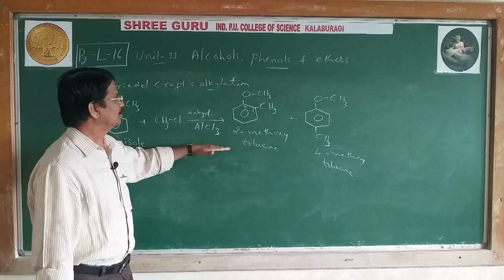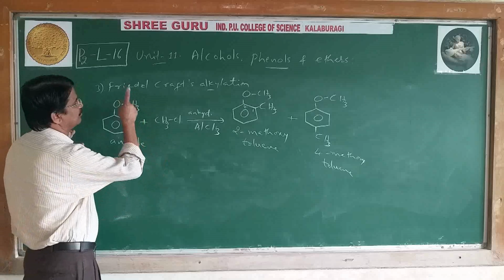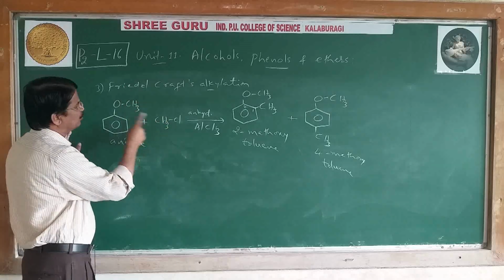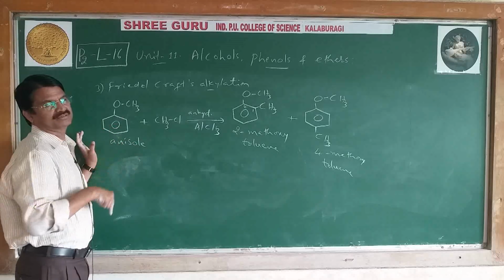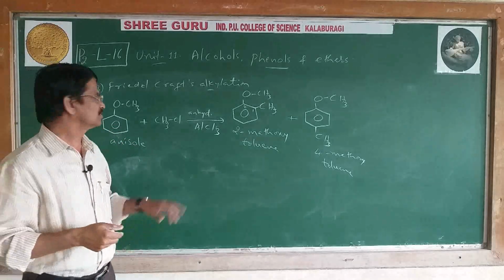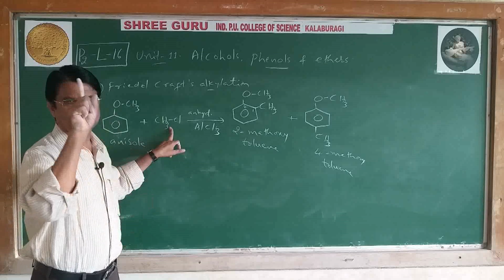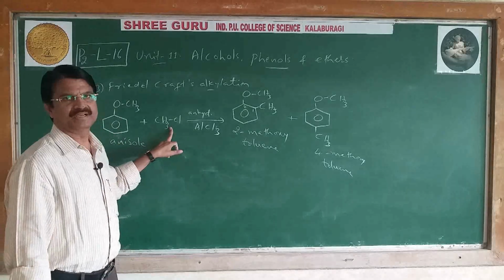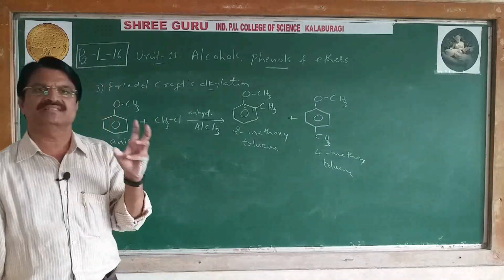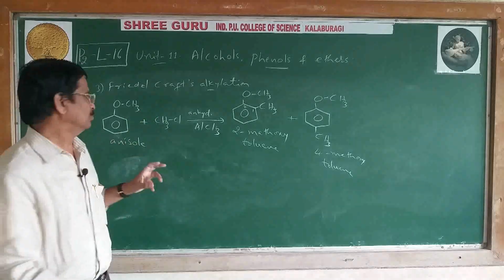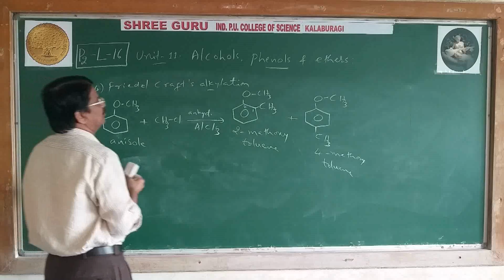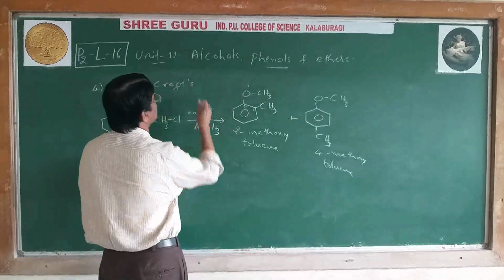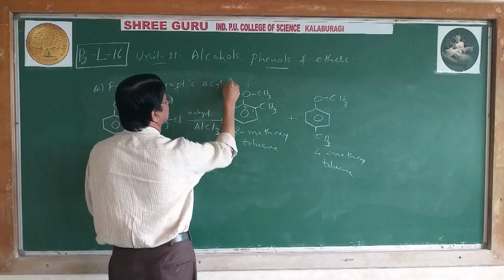This reaction is called Friedel-Crafts alkylation. The alkyl group attacks on the ring. And this also undergoes Friedel-Crafts acylation. The difference between alkylation and acylation: here an alkyl halide and there an acyl halide. The acyl group, you know, is the CH3CO group. Therefore, one more reaction, the 4th, Friedel-Crafts acylation.